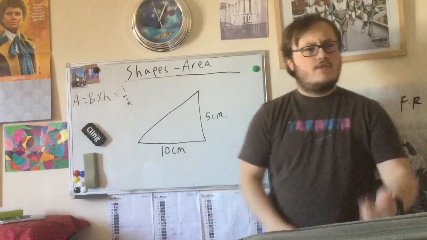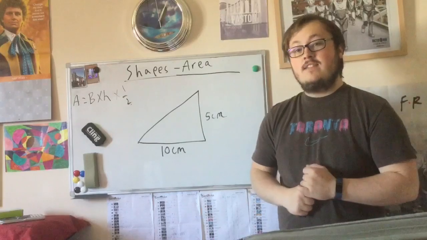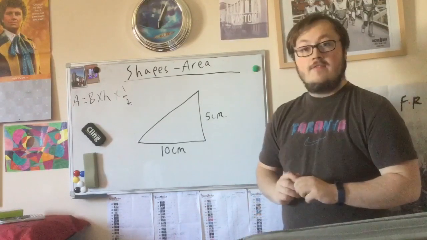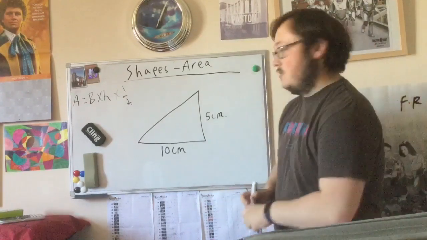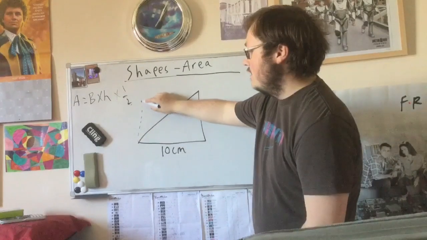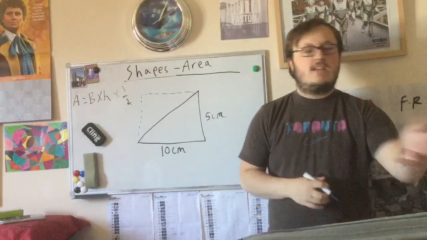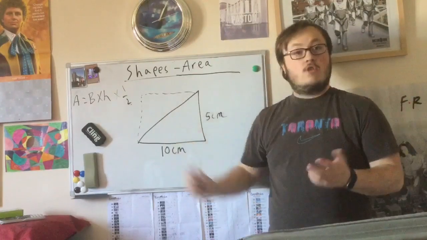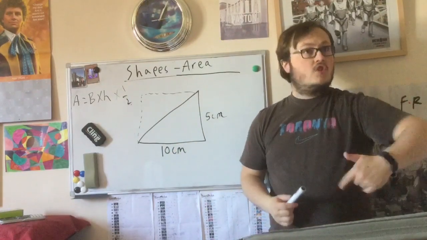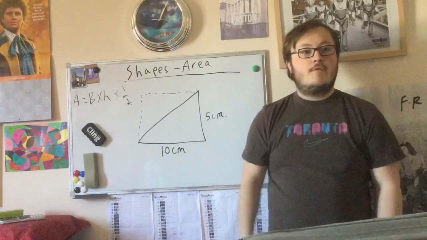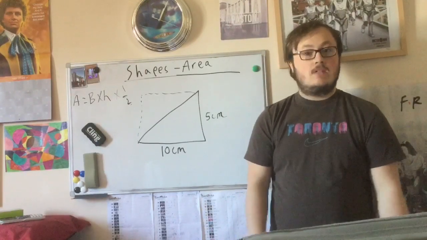Let me show you with this triangle, which has a base of 10 centimetres and a height of 5 centimetres. The first thing I like to do is I like to just draw these dotted lines to make it look like a four-sided shape, a rectangle. It isn't a rectangle, it's a triangle, but I do that to remind myself that it basically is the base times the height.